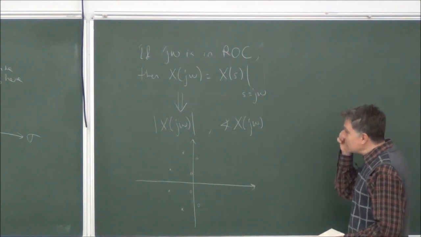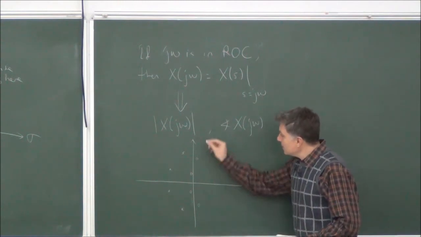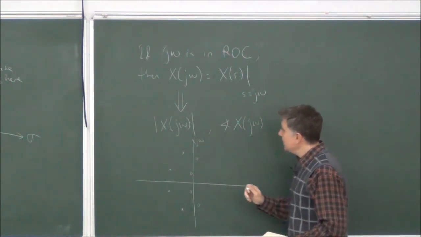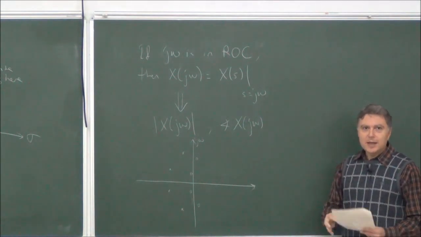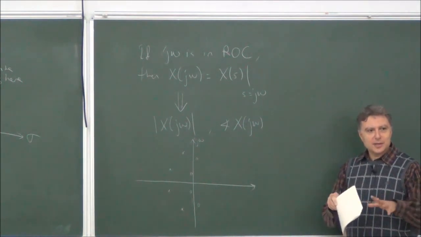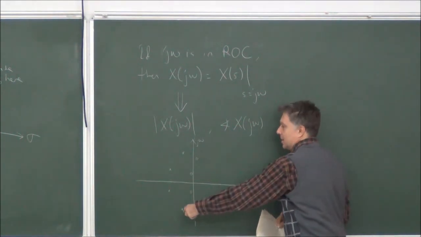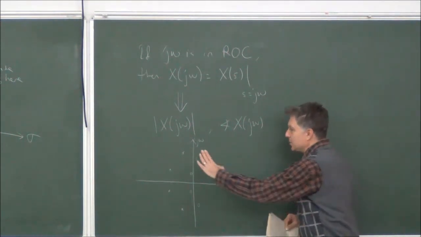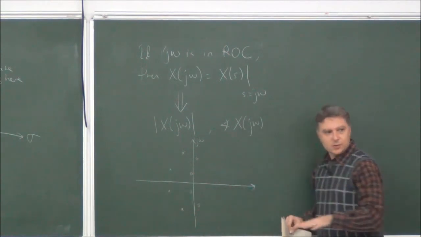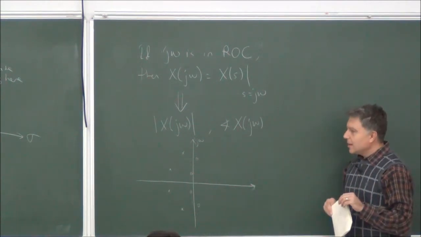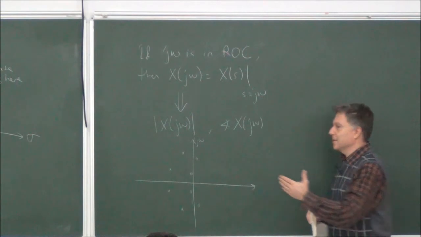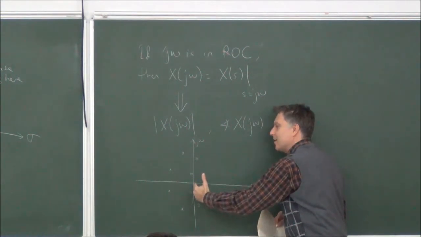Now what I'm trying to take a look at is, along this j omega axis, I will evaluate the magnitude. It's the magnitude of the cake. Do you remember the cake shape? The cake was going to infinity at these pole points, and it shrinks down to 0 at these zero points. You remember that? Now I'm cutting the cake from here using a knife.